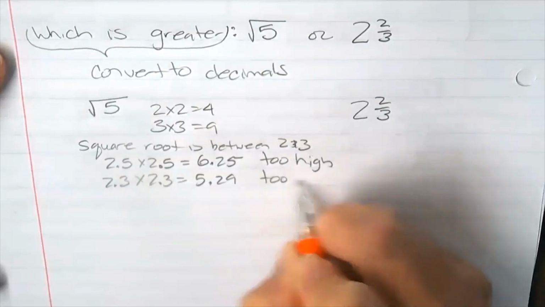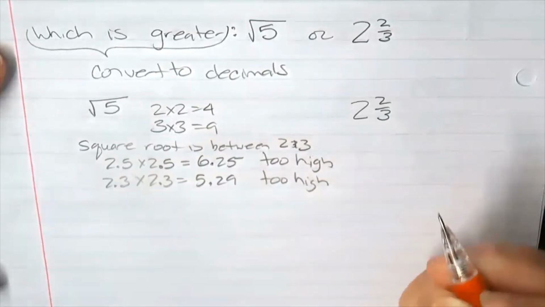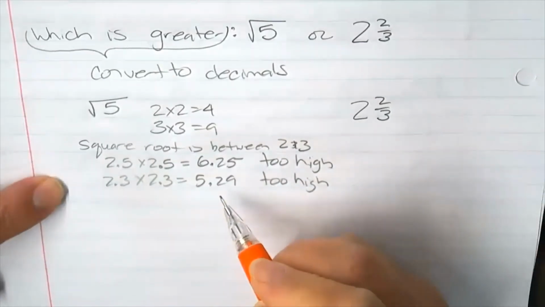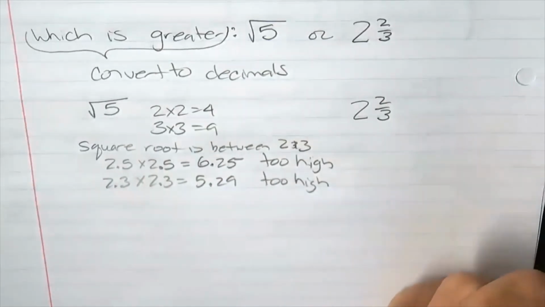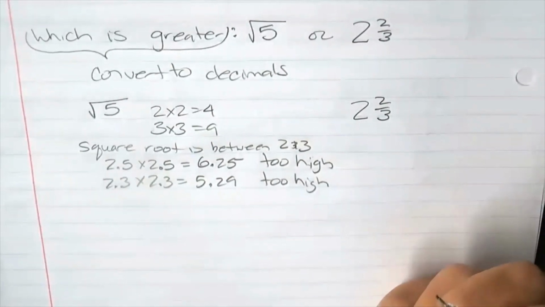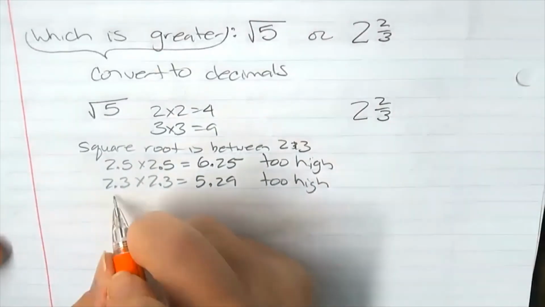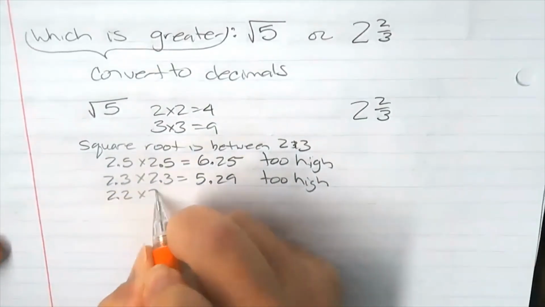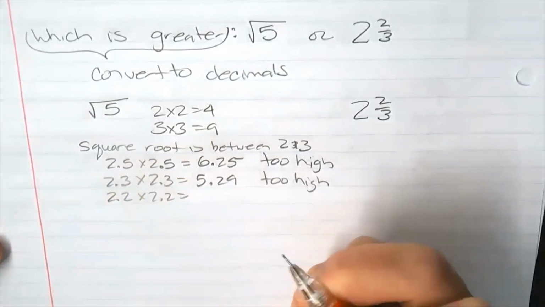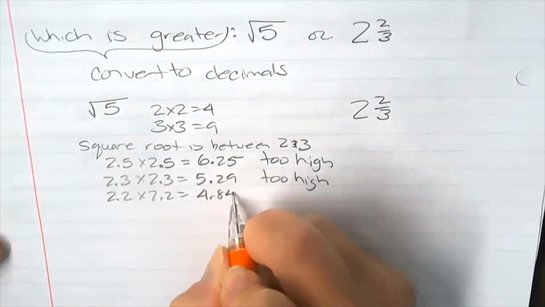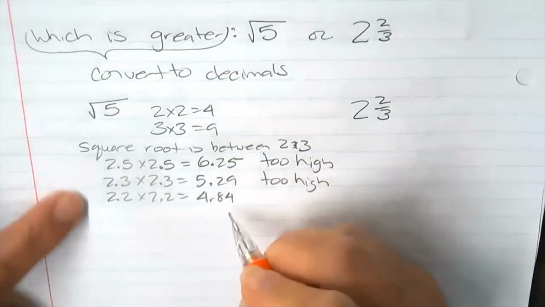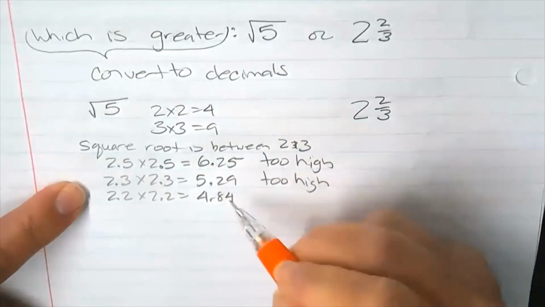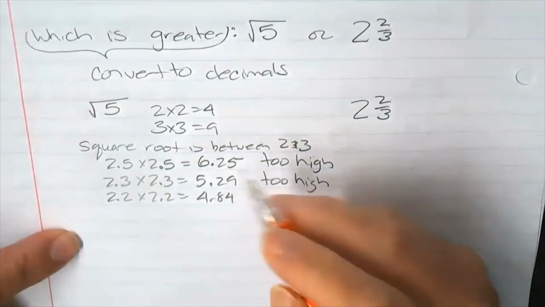This is still too high. So let's go to 2.2. 2.2 times 2.2 is 4.84. 4.84 is a little too low, but we need to decide which is closer to 5.